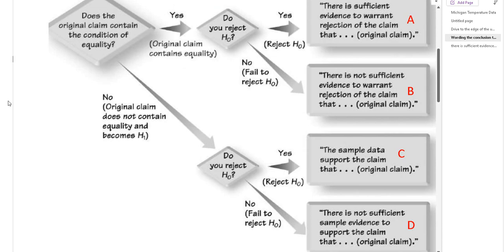Does the original claim contain the condition of equality? Yes, it does. Did we reject? Yes. So there is sufficient evidence to warrant rejection of the claim that the standard deviation of healthy male heart rates is 10.